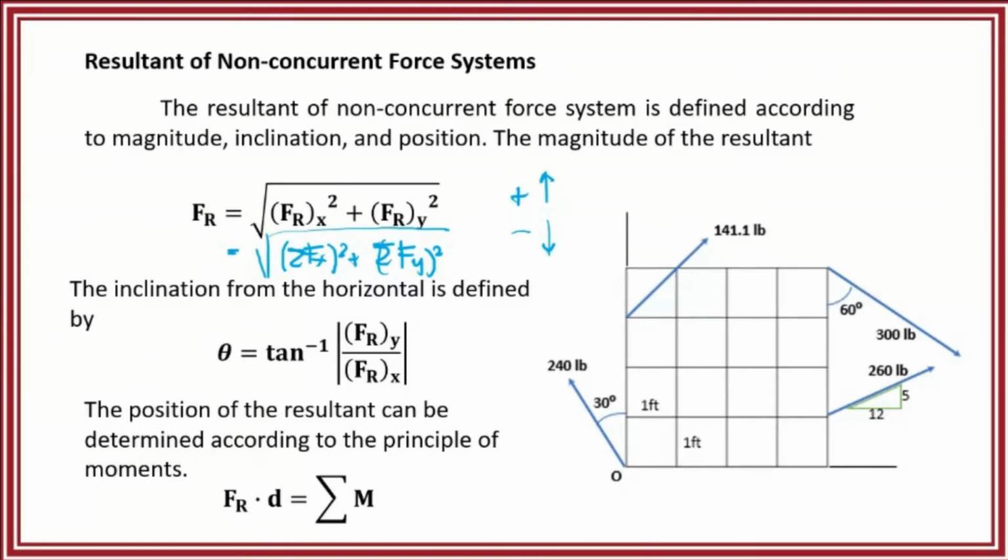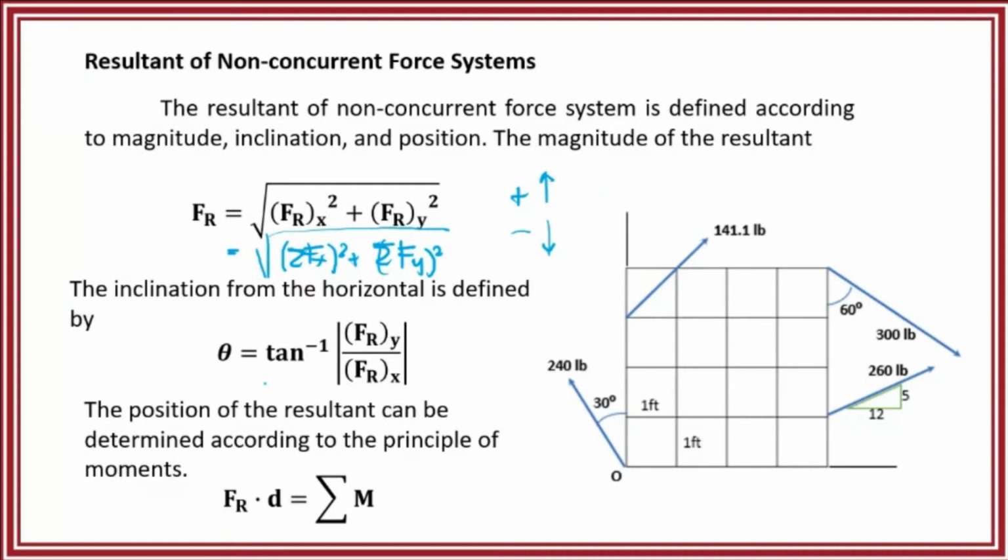After we get the resultant, we solve for the inclination. This is our formula: angle theta is equal to the inverse tangent of the y component of the resultant force over the x component of the resultant force.